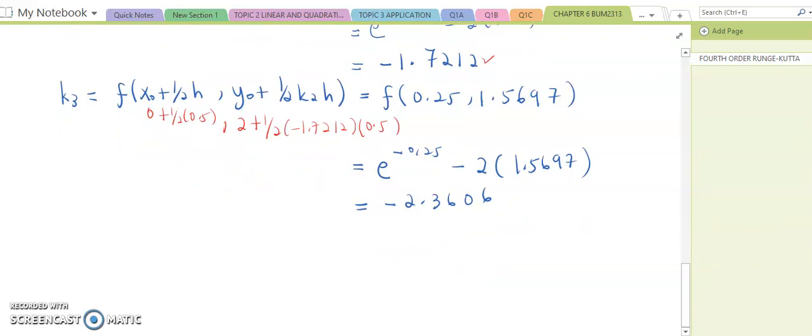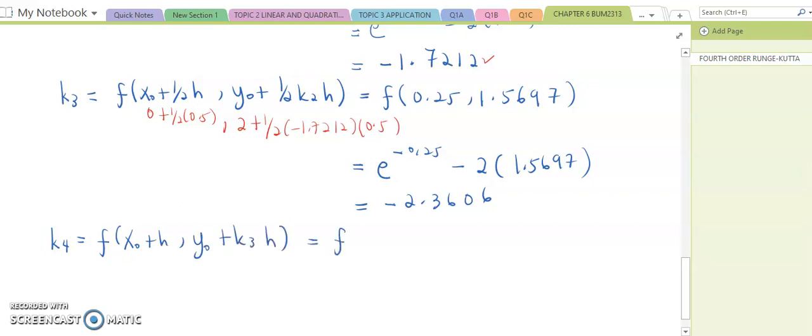Okay, and lastly for k4, the formula is given by f of x0 plus h, comma, y0 plus k3h.